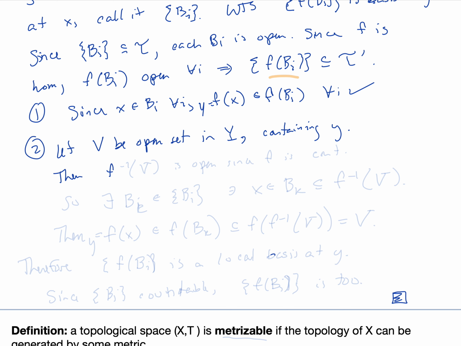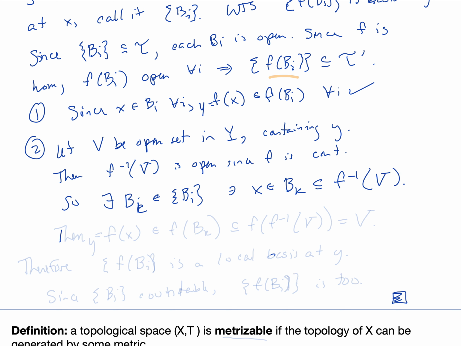So then f inverse of V is open since f is continuous because f is a homeomorphism. And so there is some B_i in this collection of basis elements, maybe let's call it B_k instead of B_i, there's some B_k in this countable local basis such that x is in B_k, which is a subset of f inverse of V.